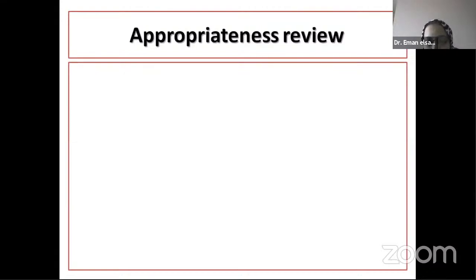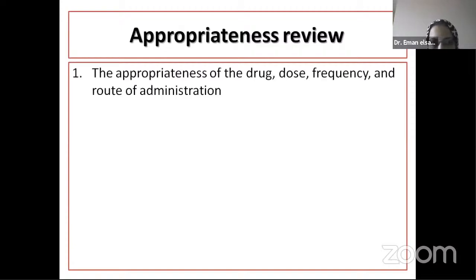Then you can revise it each time with each new medication. The first thing is to be sure that this medication is appropriate. Is this the appropriate drug? If it's appropriate, is this the appropriate dose, the appropriate frequency, appropriate route?